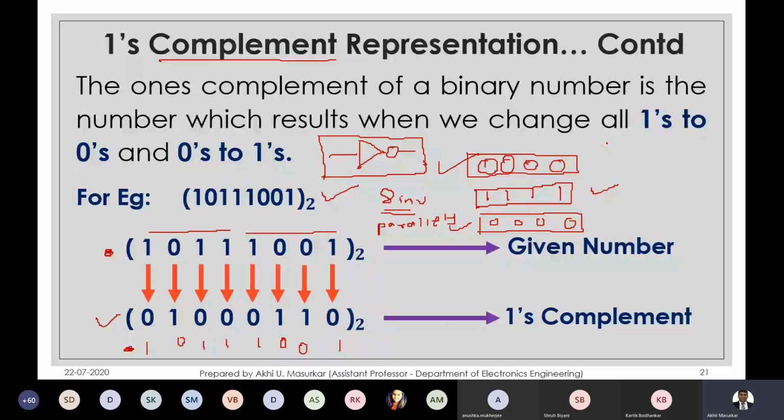If an inverter is fast, then the complement operation will be fast, and if the complement operation is fast, the sum or the subtraction operations will also be fast. Many people have proposed different kinds of inverters or different ways in which complement can be taken.